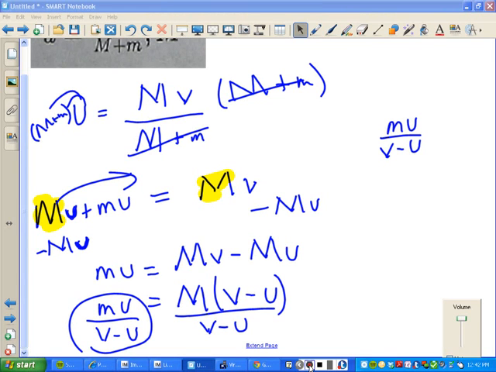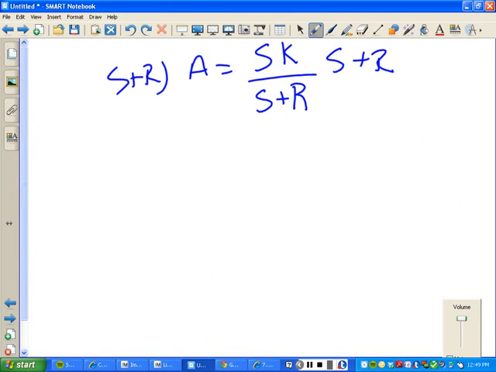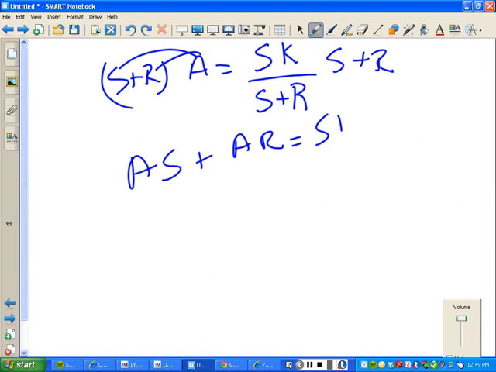So a problem like this, very similar to the one we just saw, except the letters aren't quite as confusing, hopefully. We'll multiply by S plus R. We get AS plus AR equals SK. We're solving for S, right?